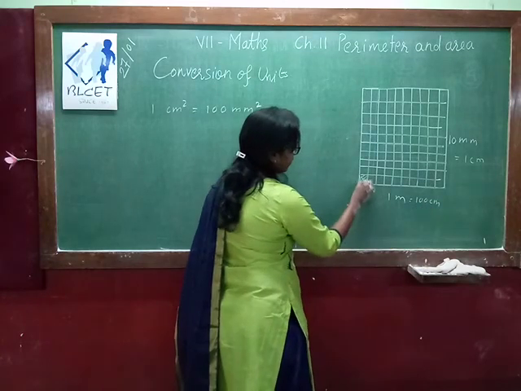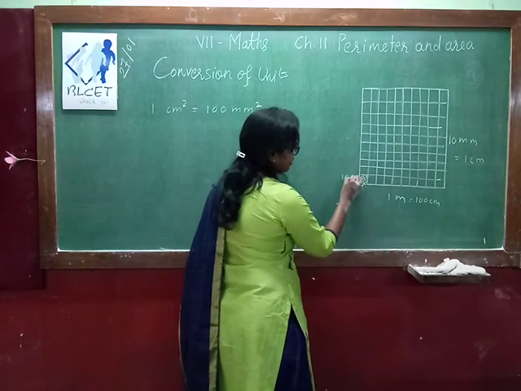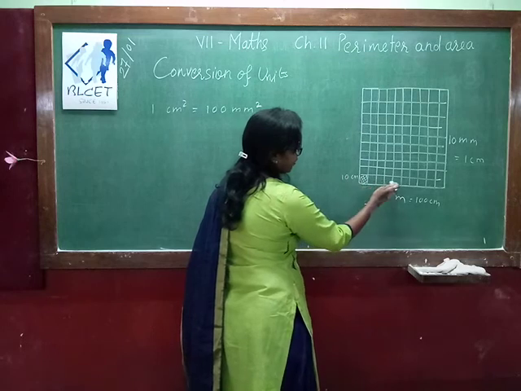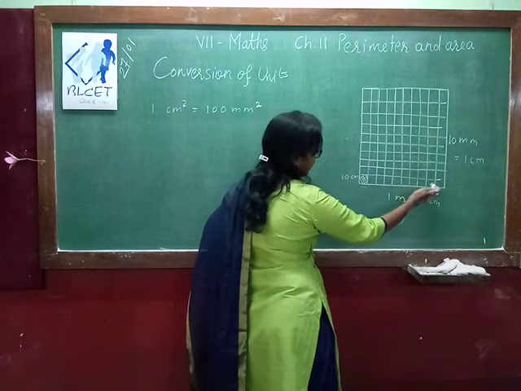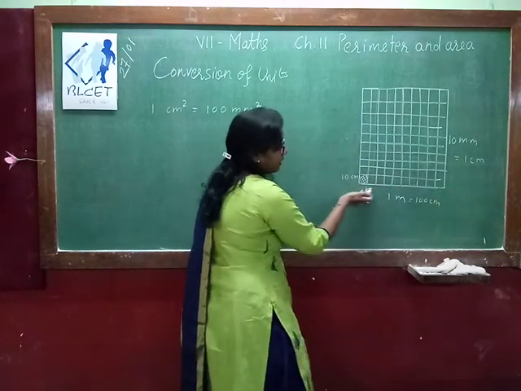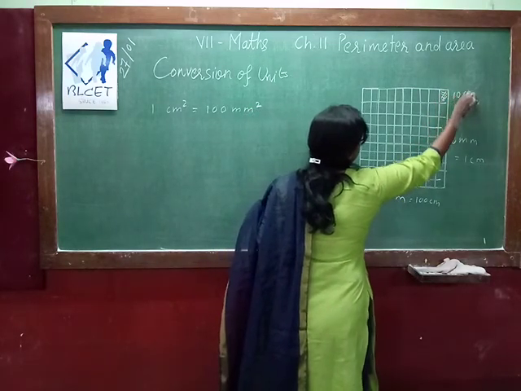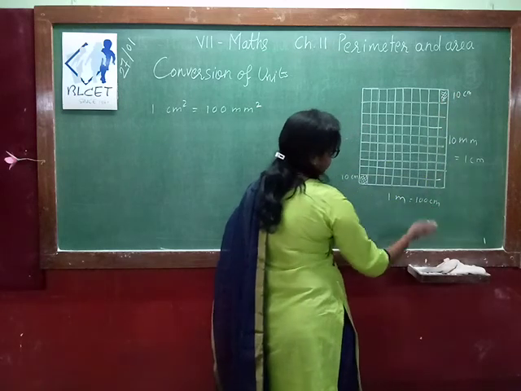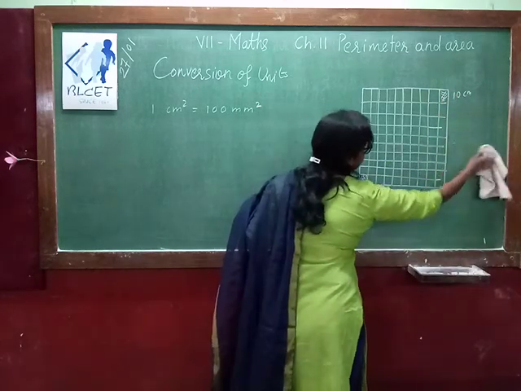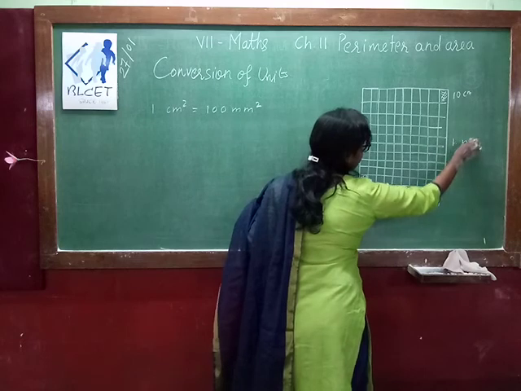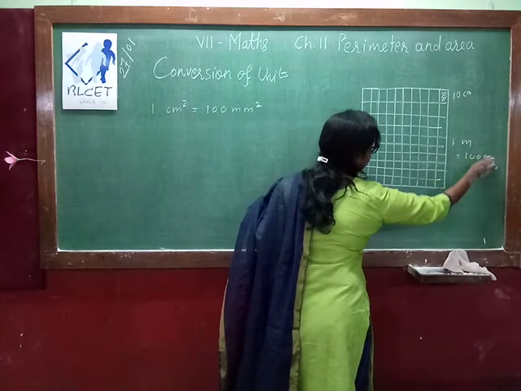You consider this one block is equal to 10 centimeters. So 10, 20, 30, 40, 50, 60, 70, 80, 90, 100. So it is 100 centimeter. Same way, if this one block you consider as 10 centimeters, so the length and this is your breadth, that is 1 meter, is equal to 100 centimeter.